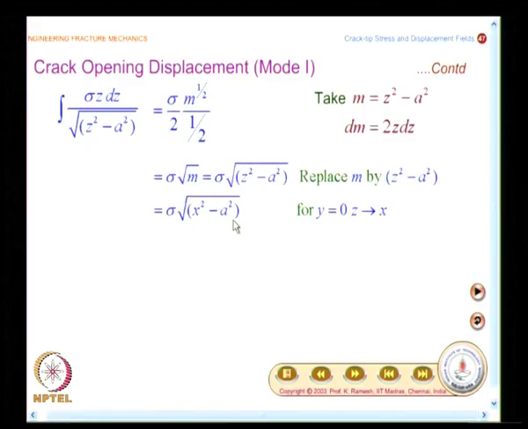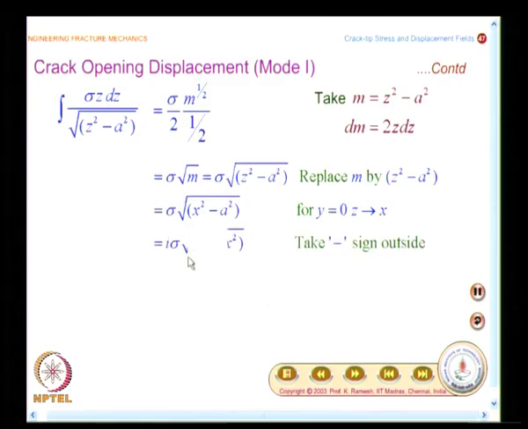And here again you will have to keep in mind that we are really looking at the crack. So, that means we are not talking of any value of x, we are talking between minus a and plus a. So, if you are looking at it like that, this expression also can be recast conveniently for our use.